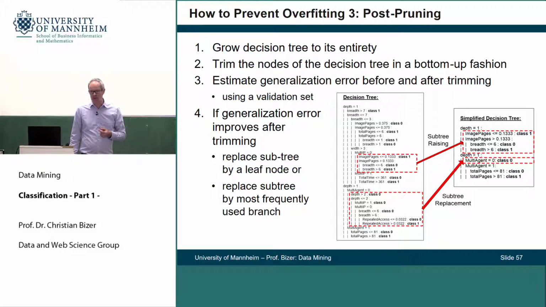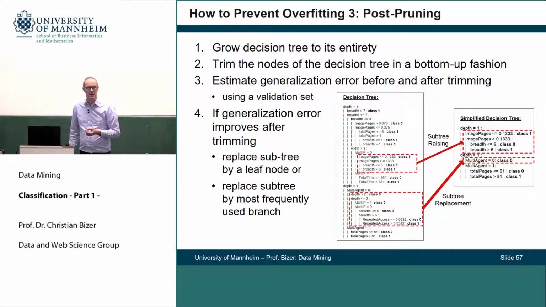So here the idea is we use a validation set, we keep some examples aside, we learn a deep tree, then we test this deep tree on the examples that we have put aside, we remove parts of the tree, and we see if it works better on the examples that we have put aside.